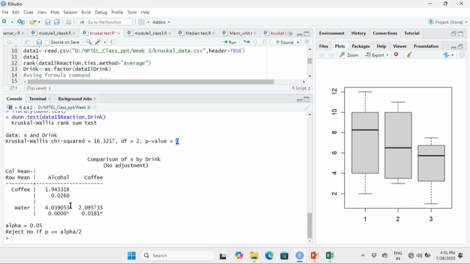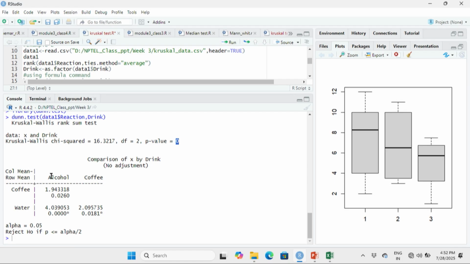Now, in the Dunn test, the post hoc analysis is here: column mean, row mean, coffee and water. So, for coffee and alcohol, the test statistic is 1.94, testing whether the coffee median is the same as the alcohol median. The Dunn test is similar to the Mann-Whitney test, and the test statistic is 1.943318 and the p-value is 0.0260. They are not the same.